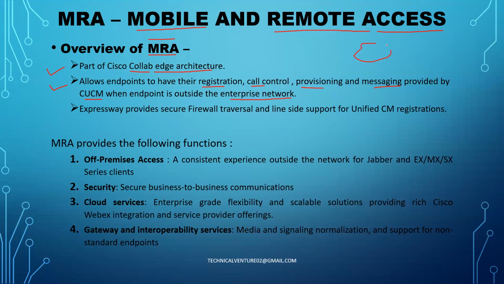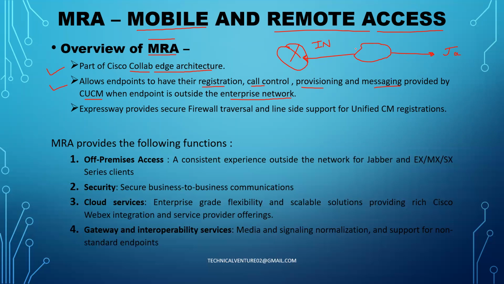Let's suppose this is your internet. The left side is your company's network, your internal network, and the right side is your internet. So let's say the left side one is the intranet. Here you have a CUCM, and on the right side you have a Jabber endpoint, which is on the internet.